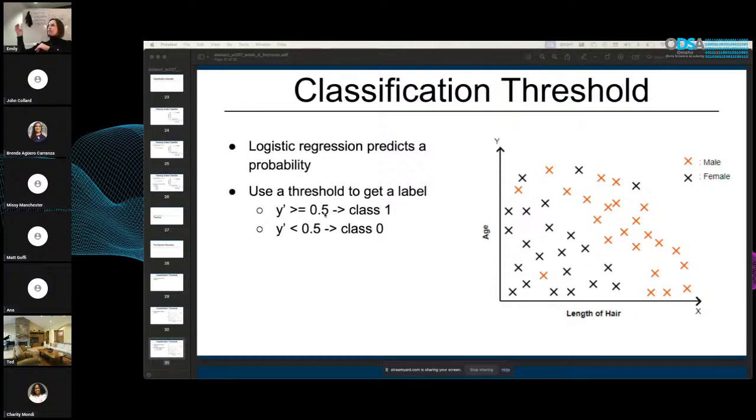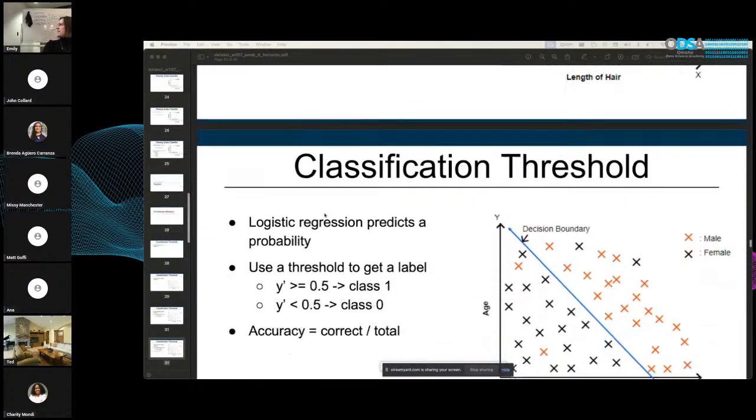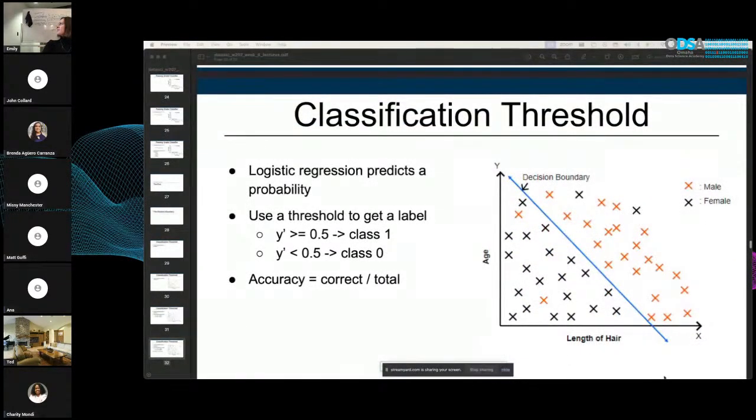If it's greater than 0.5, it's class 1. If it's less than 0.5, it's class 0. In this picture, this is a decision boundary. Anything on this side we're classifying male, and anything on this side we're classifying as female.